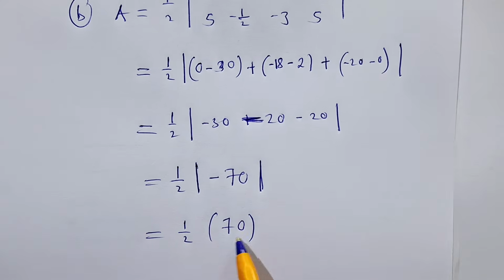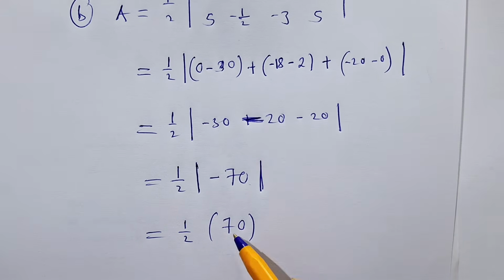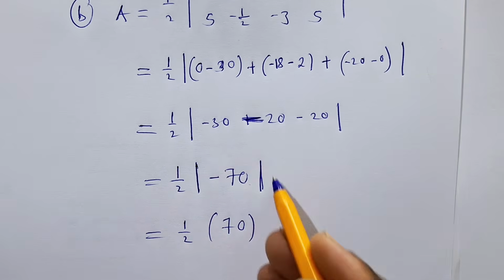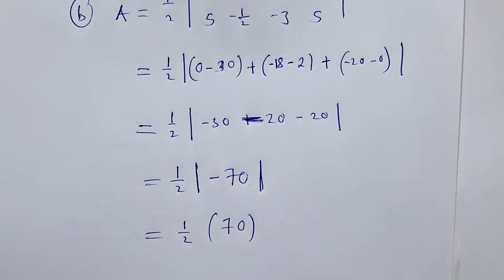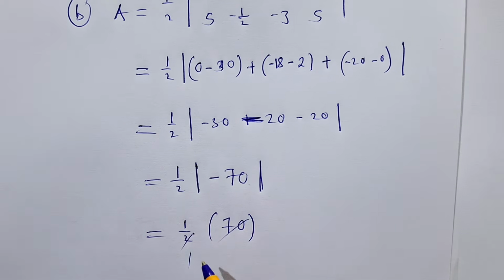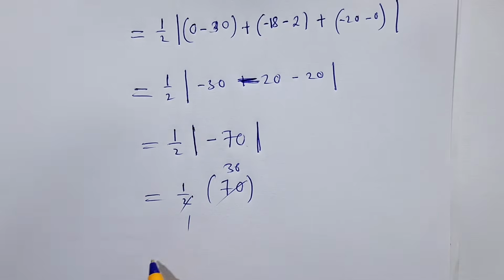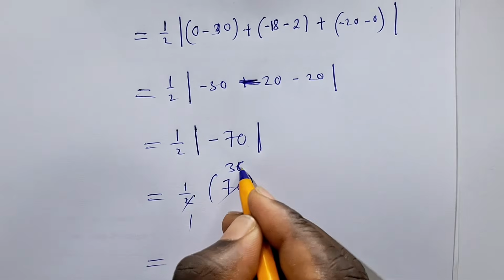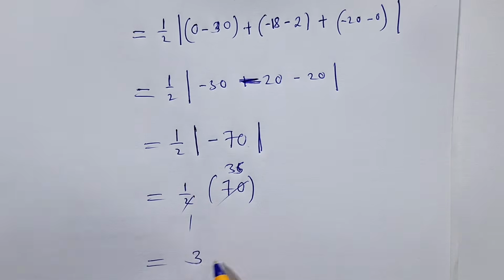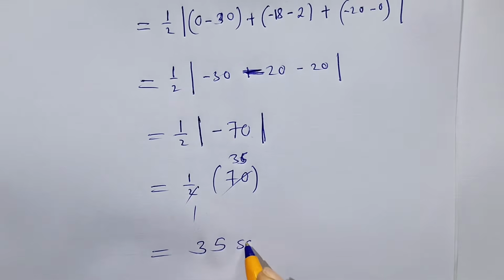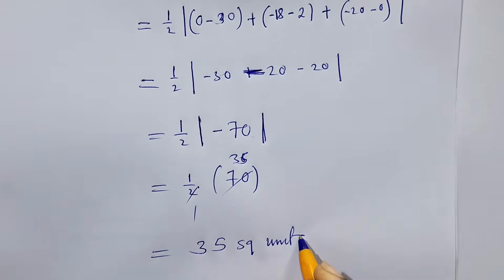So if it's negative, it will be positive. If it's positive, it will maintain positive. So 1 over 2 into 70, it's 35. So our area is 35 square units.